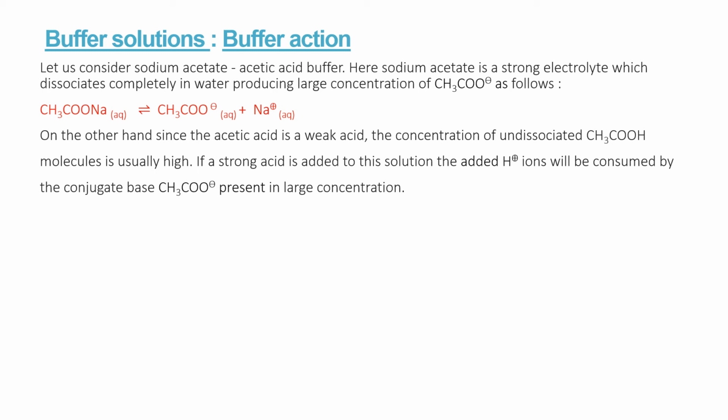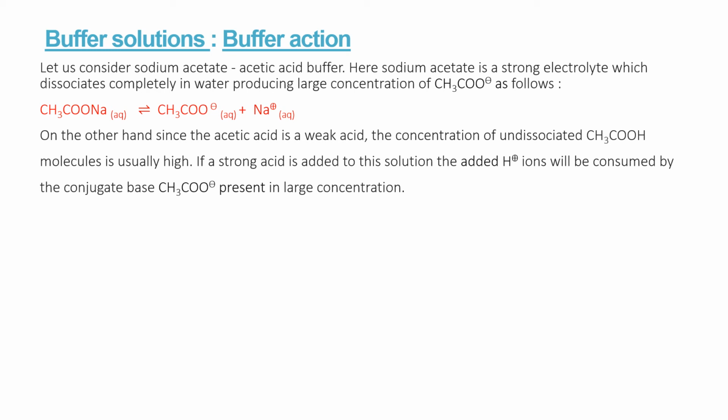So its concentration in undissociated form is usually high, meaning acetic acid is in a high concentration. Now, if you add any strong acid to this buffer solution, meaning you add H plus ion, what happens?